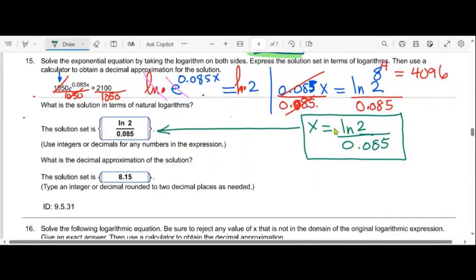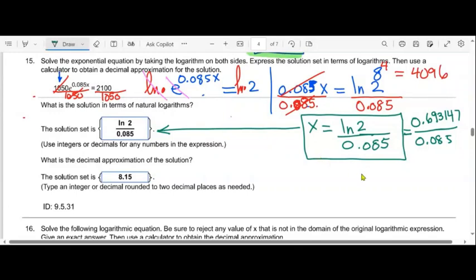Now the second part of the solution, can you use a calculator and tell me how much? You got the answer? It's not working.